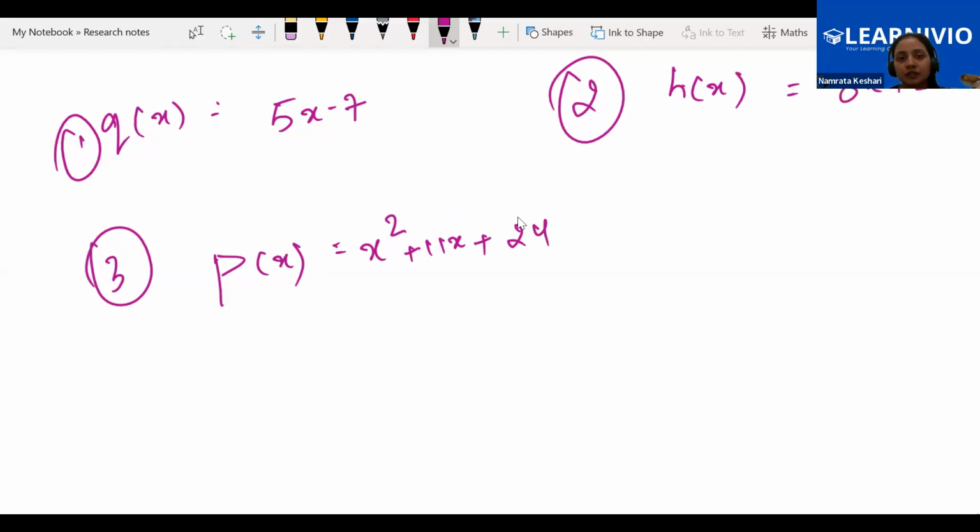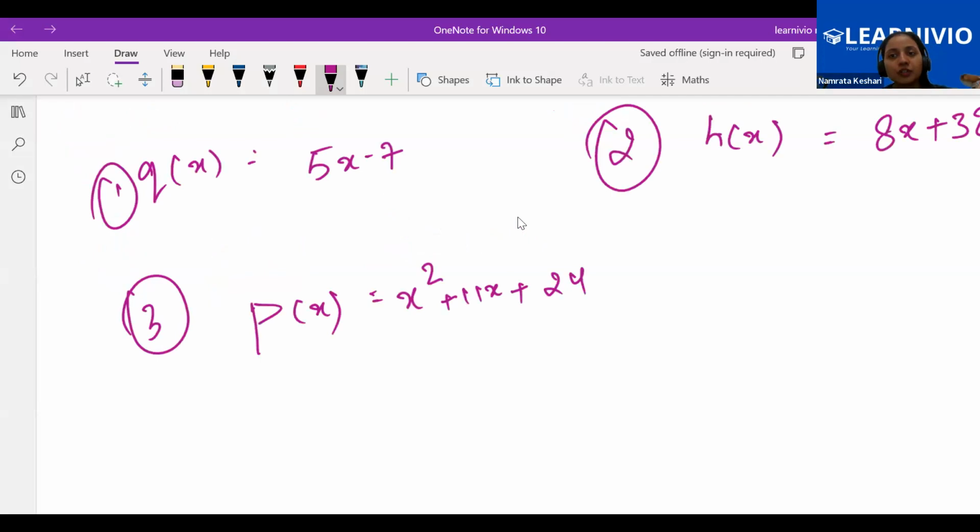Yes, Junaid, have you got it for the first one? Gungun, yes, ma'am. Can you tell me what you got? Ma'am, I got positive 7 by 5. Okay, Junaid, what did you get? Yes.